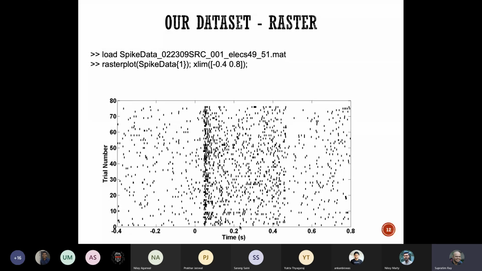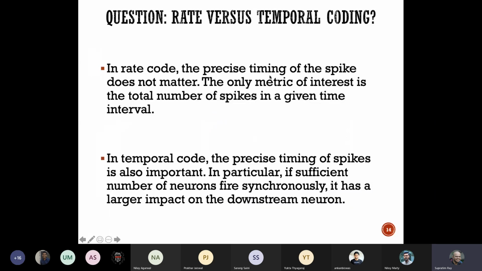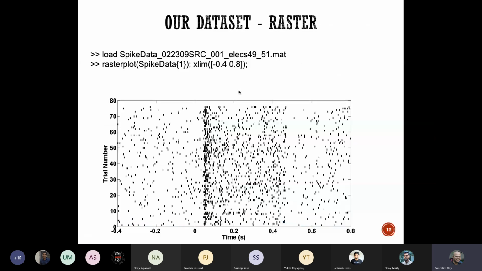And there are two schools of thought. One is that it does not matter exactly what time a spike is generated. What matters is the number of spikes generated in a given time interval. If I think of information coded in, let's say, 200 milliseconds, then in each trial I will just count the number of spikes.